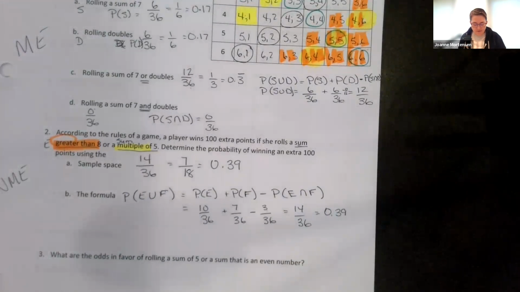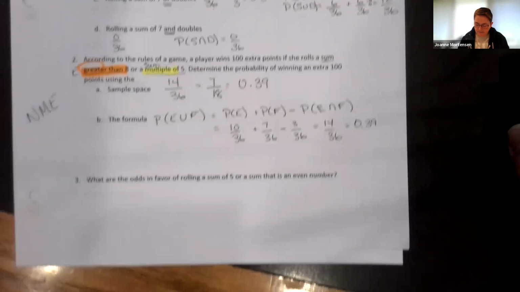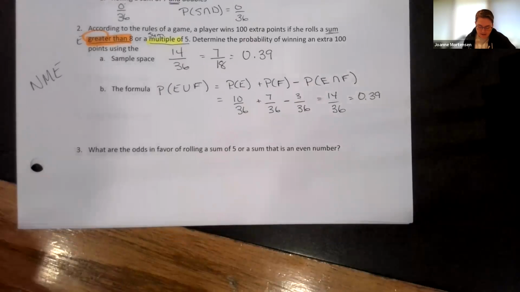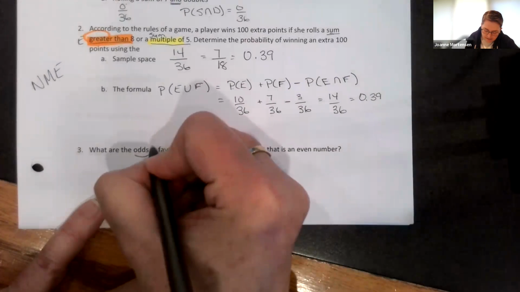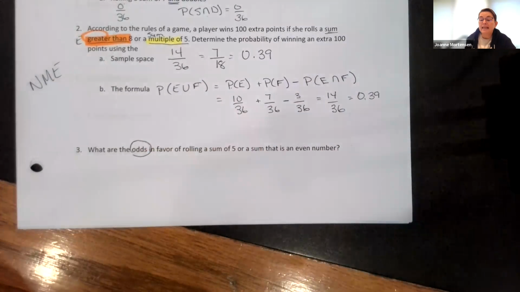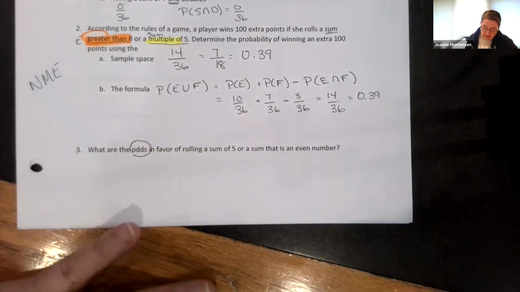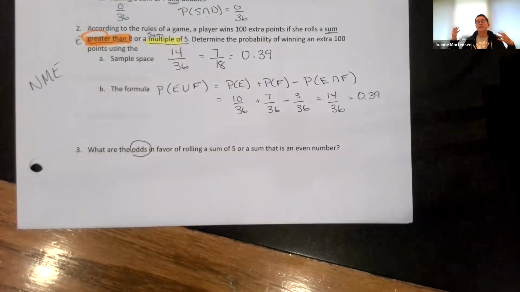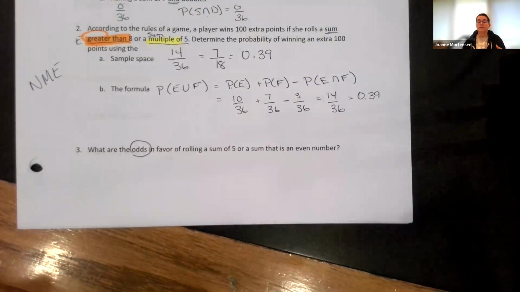Oh, let's look at number 3 there. What are the odds? Okay, hope your brain just went ding, ding, ding, because we're looking at odds, not probability. But to get the odds, you need the probability first anyway.